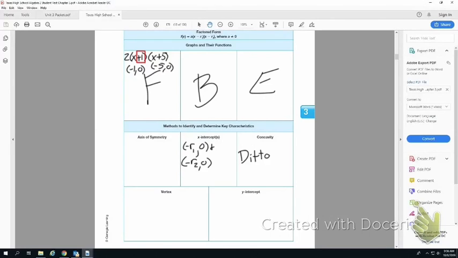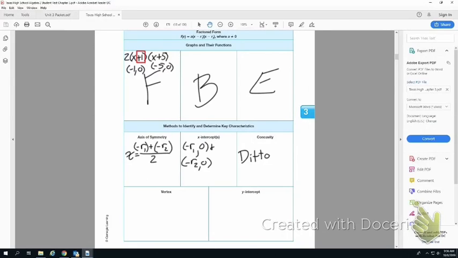For your axis of symmetry, this also has a little formula on it. You're going to take the roots that you actually graph. So that's why I'm going to go ahead and put the negatives on there. Whatever is actually on the graph, you're going to find the average of those two.